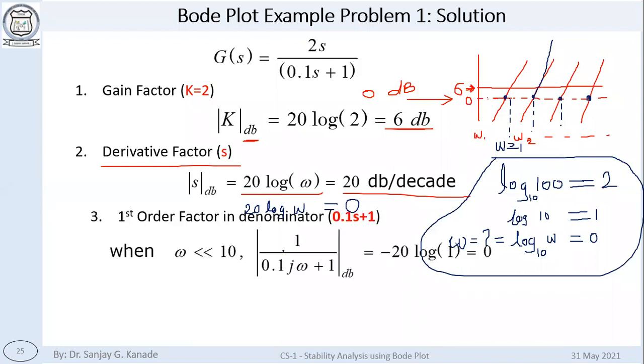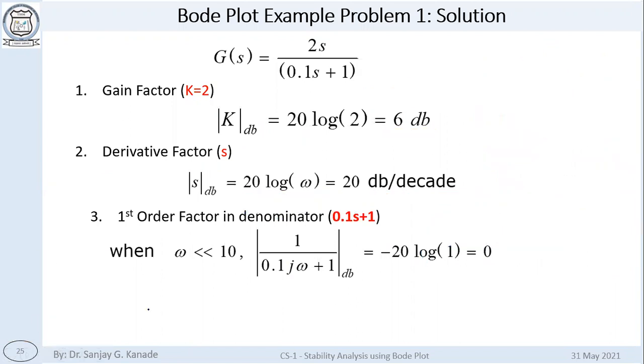Now, the third factor in our transfer function is the first order factor in the denominator, that is 1 plus 0.1 s. And when we have that factor, we know that we get two sections. Omega is equal to 1 by T. When omega is less than 1 by T, gain will be 0.